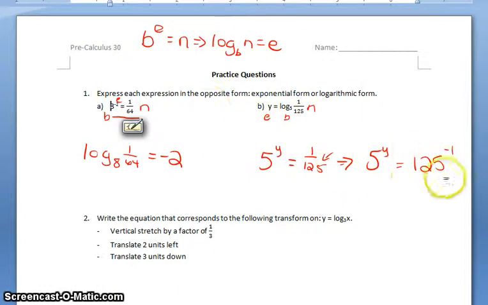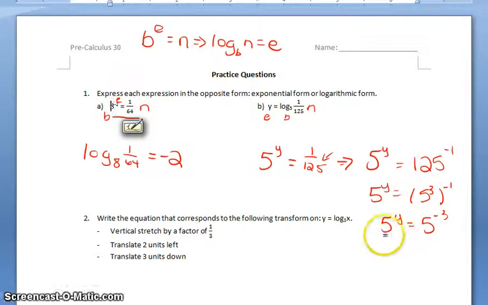We want the same base, so then we can just look at the exponents. So let's rewrite 125. You remember that 5 cubed is equal to 125, so 125 to the power of negative 1 is 5 to the negative 3. Then we have 5 to the y is equal to 5 to the negative 3. Then we have the same base, so y is equal to negative 3.